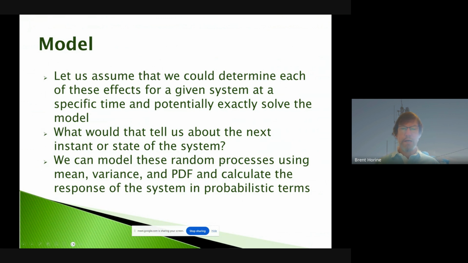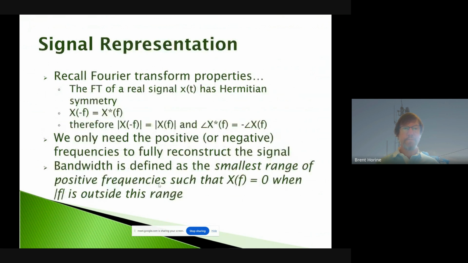So we're going to model these random effects or processes, as we'll discover in the next lecture, using mean, variance, the probability density function, and so on, and calculate the response of the system in probabilistic terms.